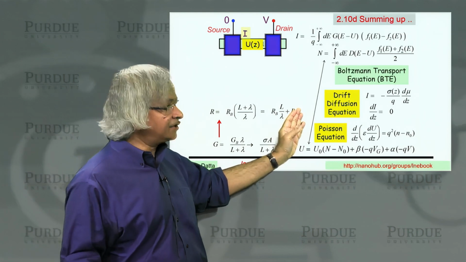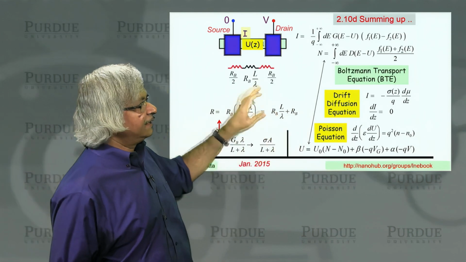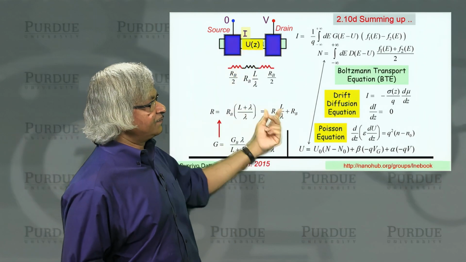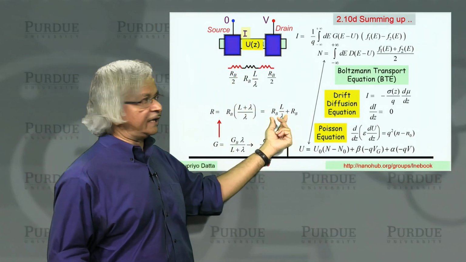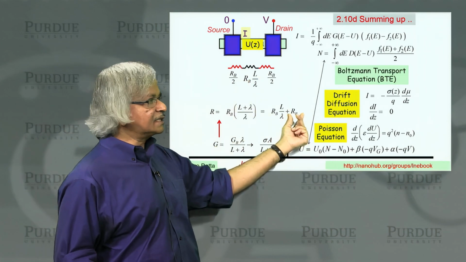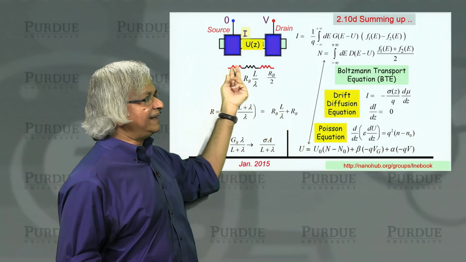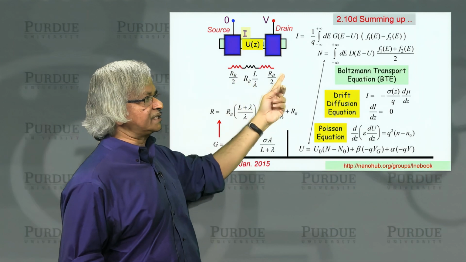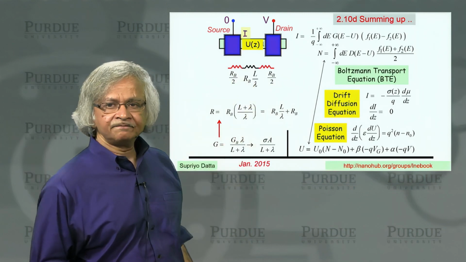And what we understand today is that in a channel like this, the part that is proportional to the length you could view as the channel resistance, whereas the constant part you could view as an interface resistance, which appears at the 2 interfaces.